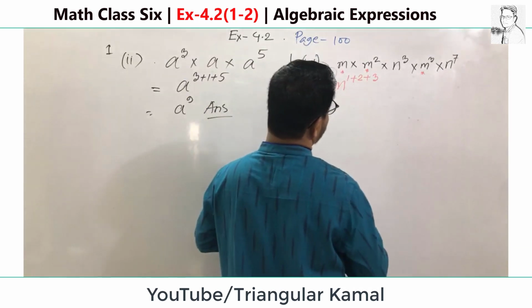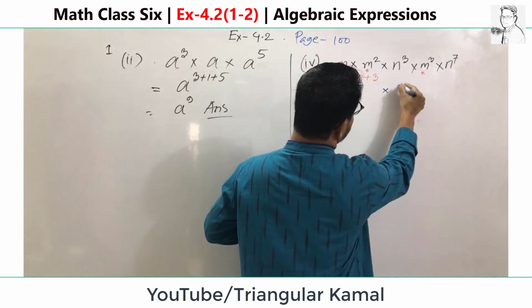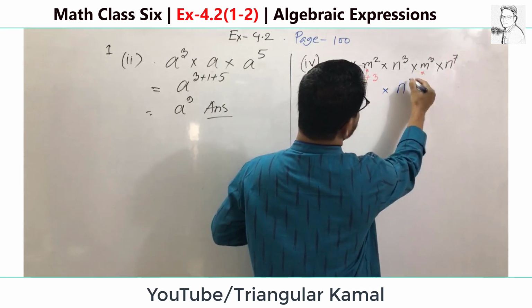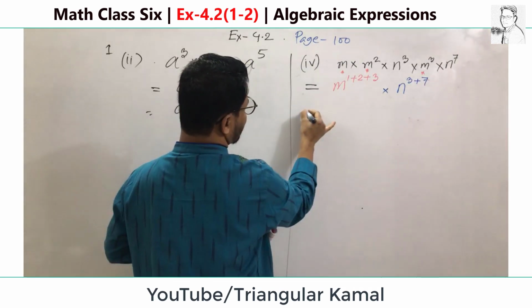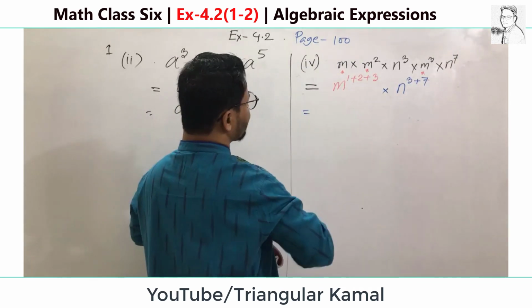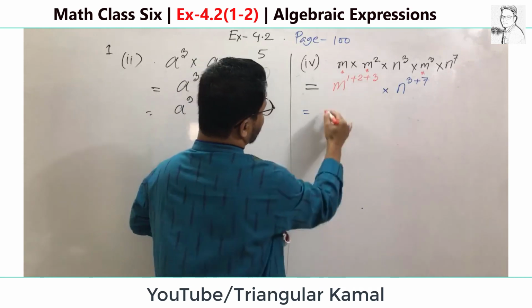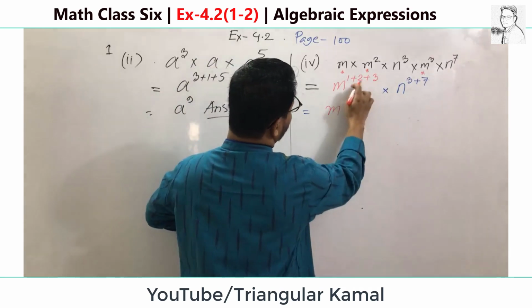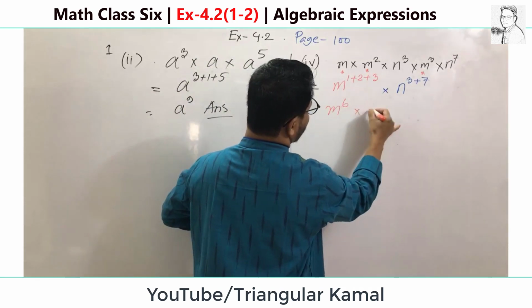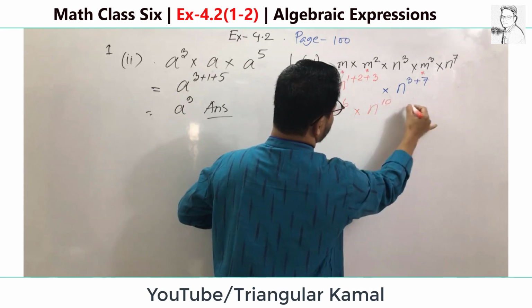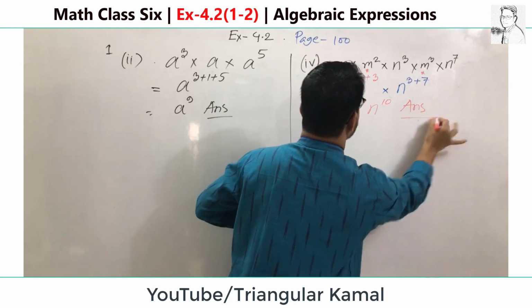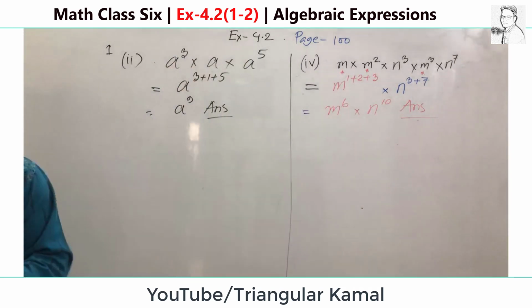So now multiply with n to the power, this is 3 plus 7, n to the power 10. So now m will be m to the power 6, multiplied with n to the power 10, and this is our answer.